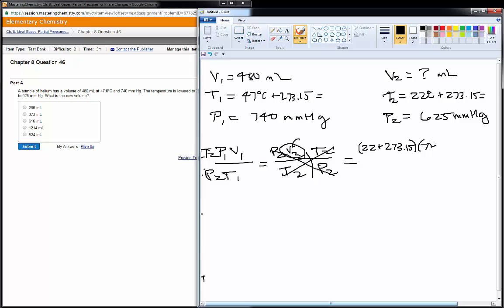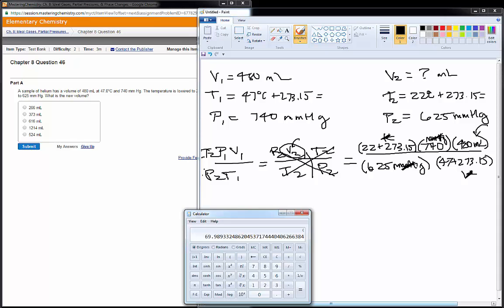P1, 740 millimeters mercury. That's going to be Kelvin. And V1, 480 milliliters. Divided by P2, 625 millimeters mercury, and T1, 47 plus 273.15 Kelvin. And the kelvins will cancel. Millimeters mercury cancels. We'll be left with units of milliliters, which is what they want, so we know we did it right.